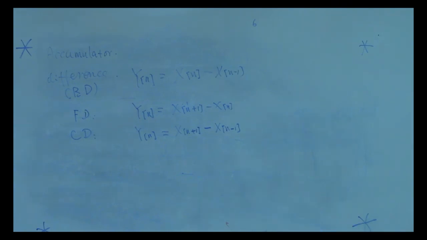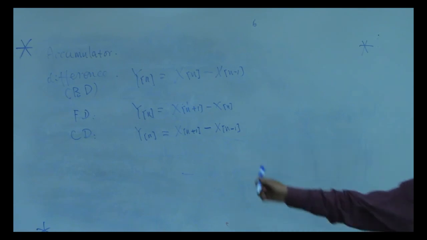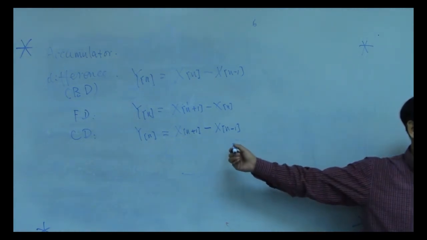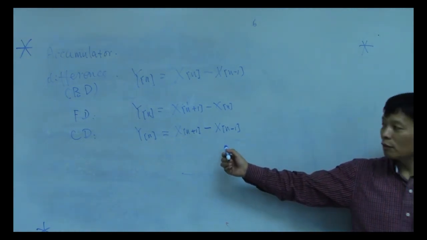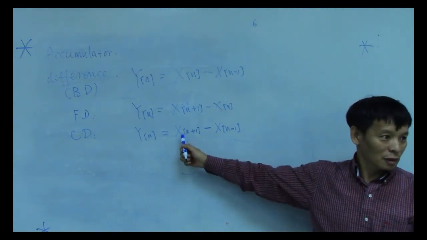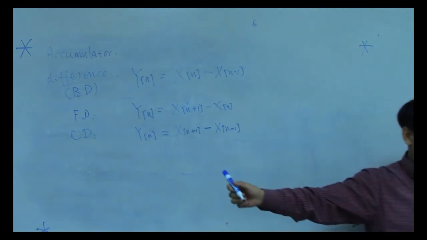Is this system, central difference, causal? Central, no, right? Is this central difference causal? Because of this term or this term? This term, right? This term is in the future. Right, so.